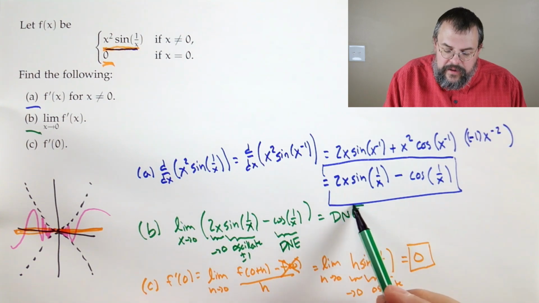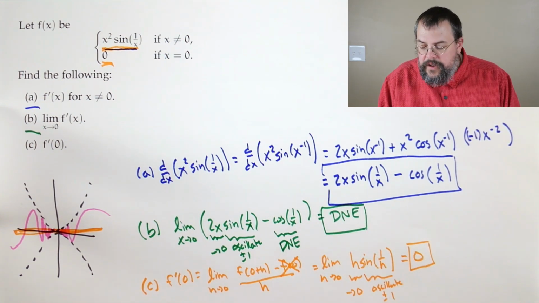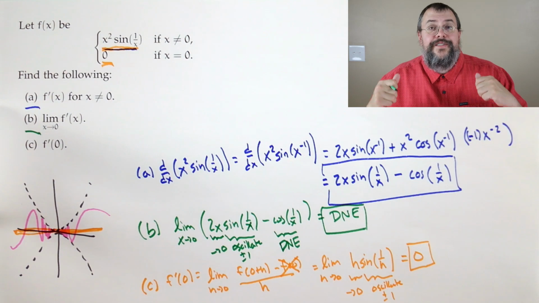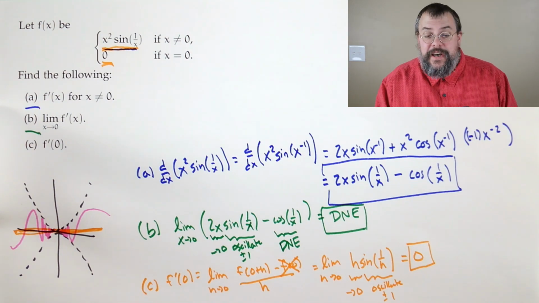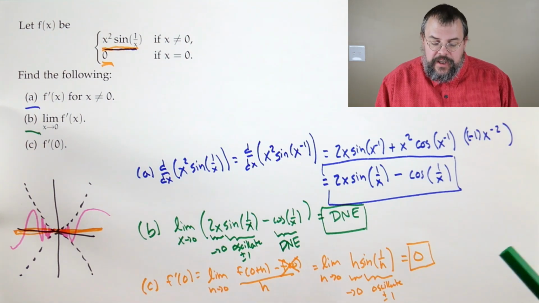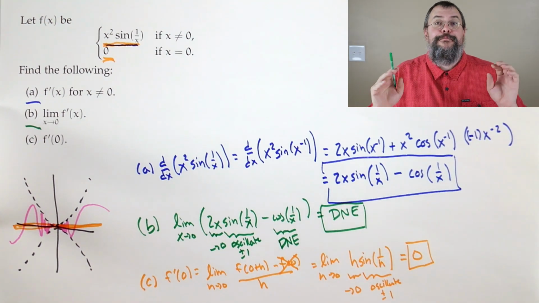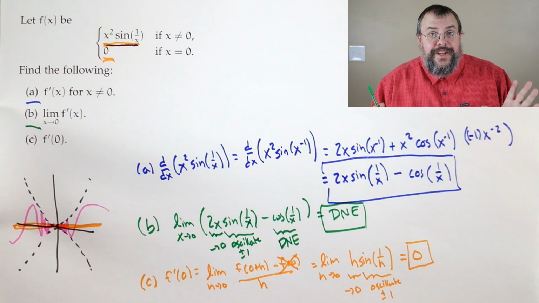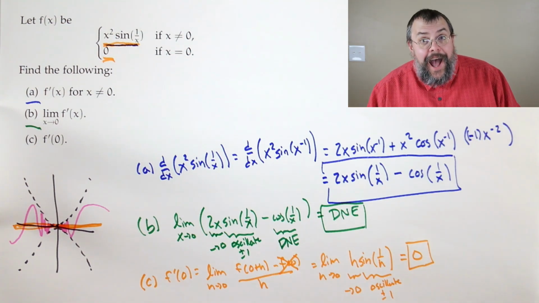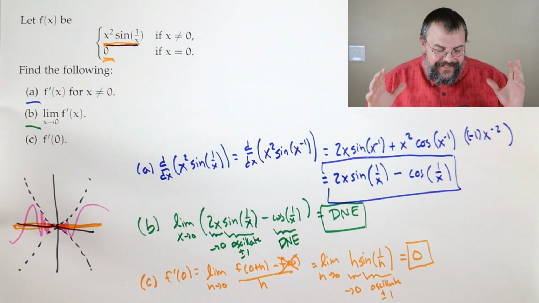The derivative exists everywhere because, lo and behold, we can compute it at 0, we can compute it at not 0, but the derivative is not continuous. What? Oh my gosh.